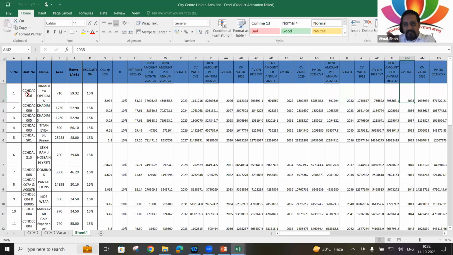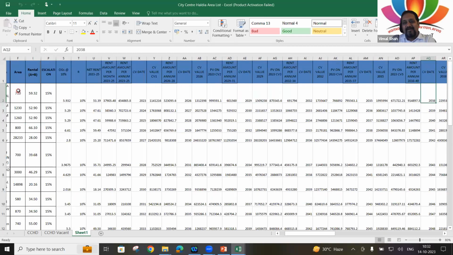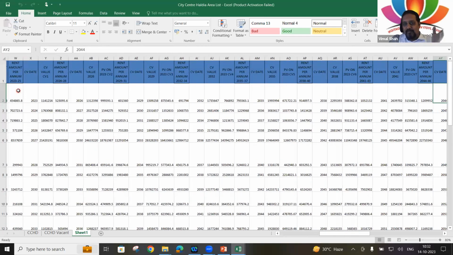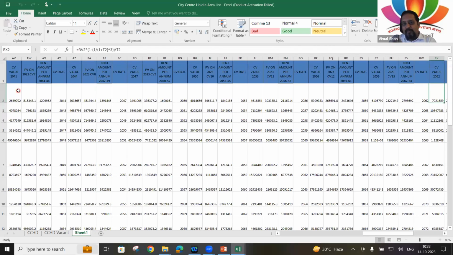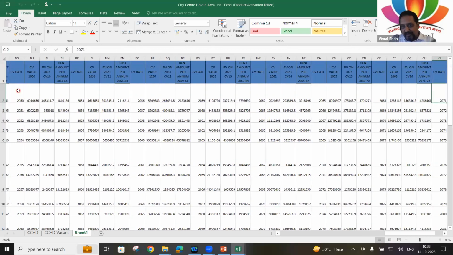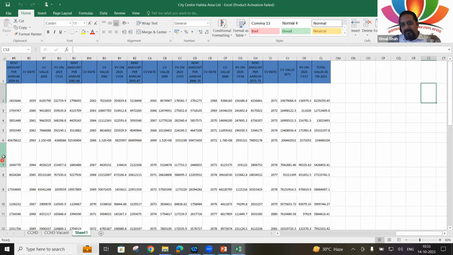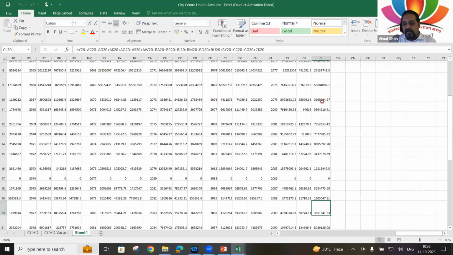If you see the Excel sheet, it starts from A, B, C, D. The columns finish at Z, then the AA series starts and finishes at AZ, then the BA series finishes at BZ, then the CA series. I had calculated for 50 years. So from one shop, I get this net present value, and I will calculate it the same way for all the shops.